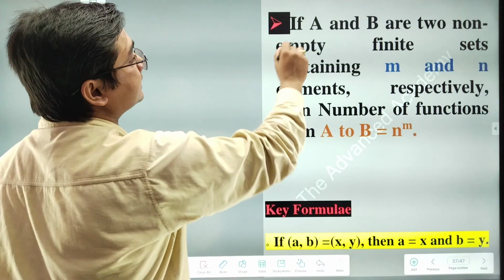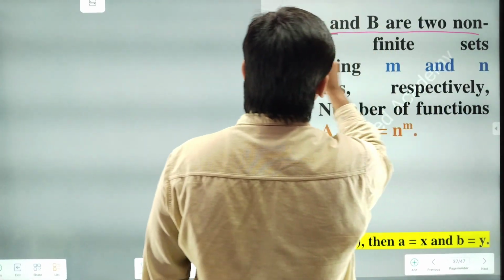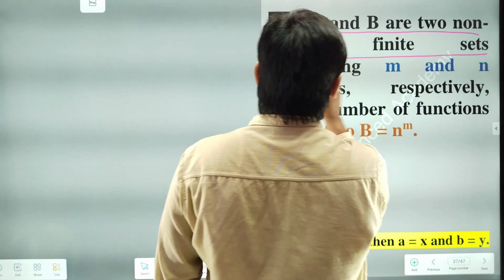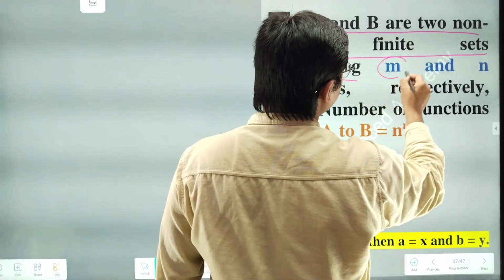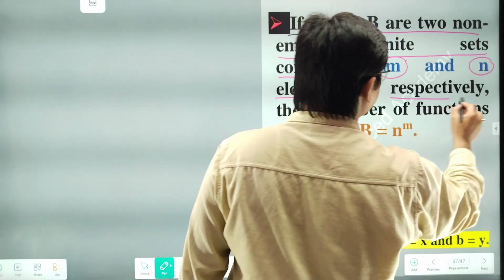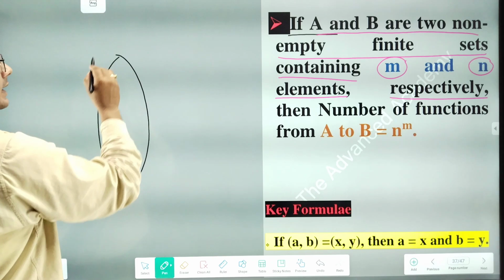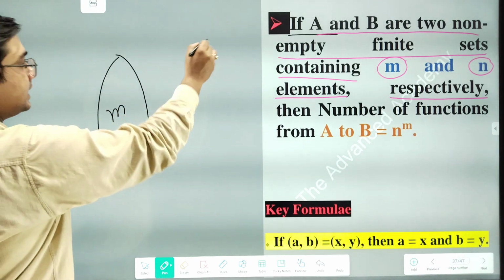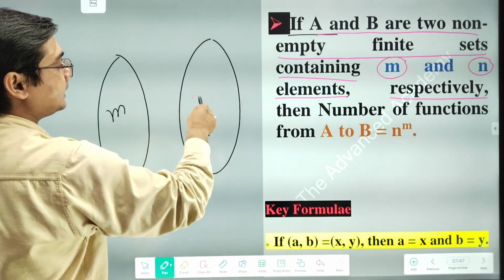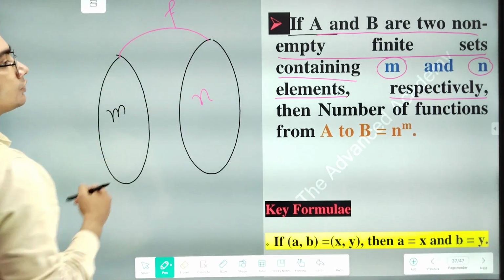If capital A and B are two non-empty finite sets containing m and n elements respectively, take two sets, one with m elements and the other with n elements, and suppose f is a function.